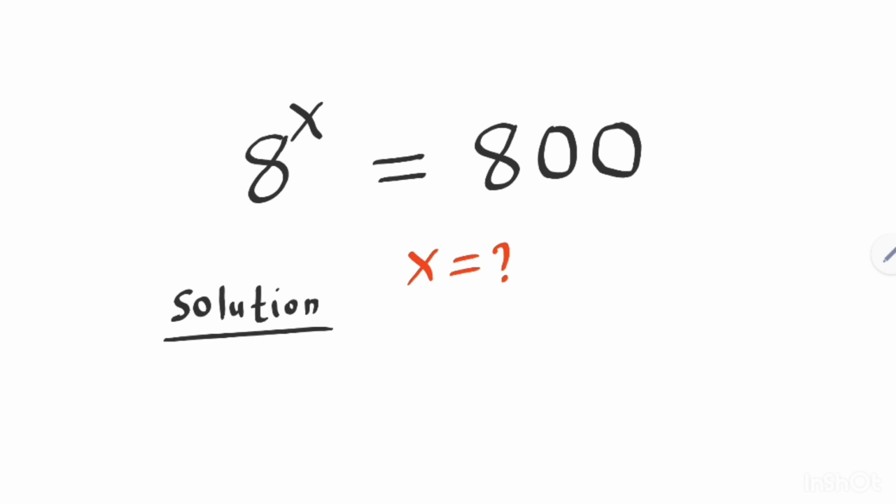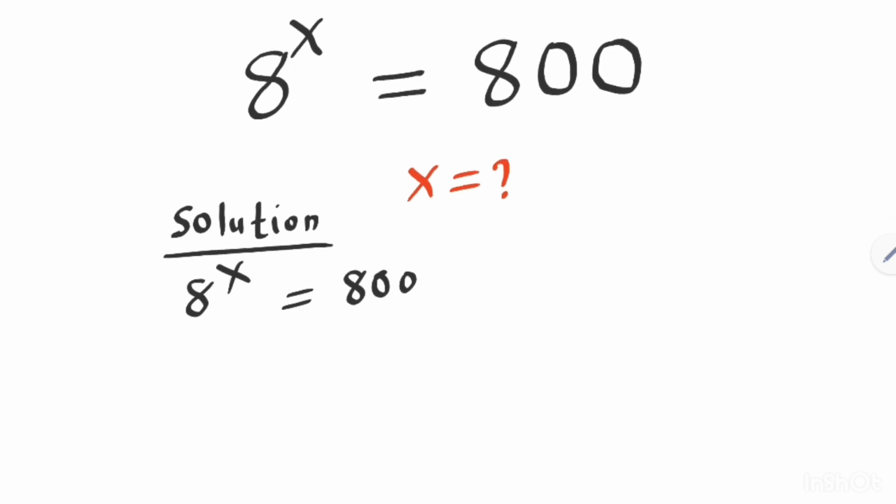Solution. We have the given equation: 8 raised to power x is equal to 800. Let us take the log on both sides of this equation. Log 8 raised to power x is equal to log 800.